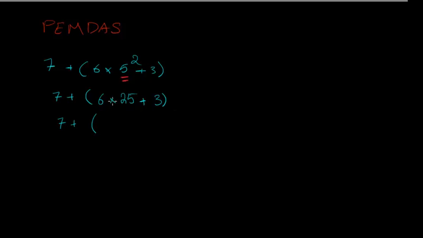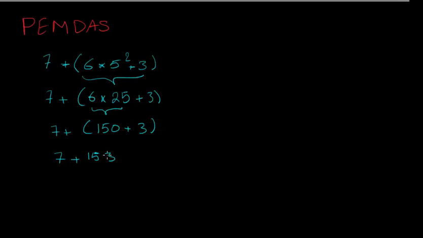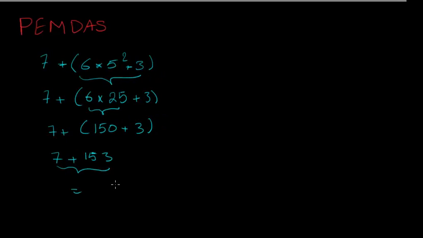So 6 times 25 is going to be 150 plus 3, which is 153. We don't need parentheses anymore. The last operation is adding 7 and 153 together and we get 160, and we are done.